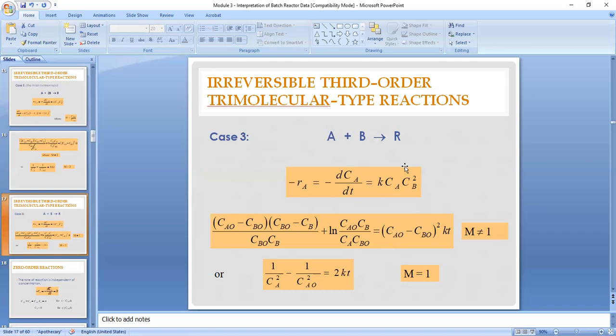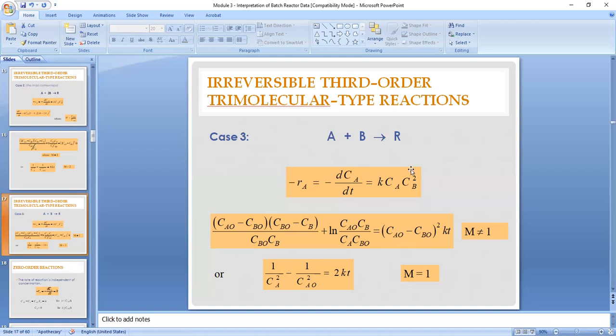If you do that, this is your formula, class, if the ratio of C sub B0 to C sub A0 is not equal to 1, meaning the initial concentrations of A and B are not equal. If they are equal, this will be your simplified working equation for case 3, third order type of irreversible reaction.